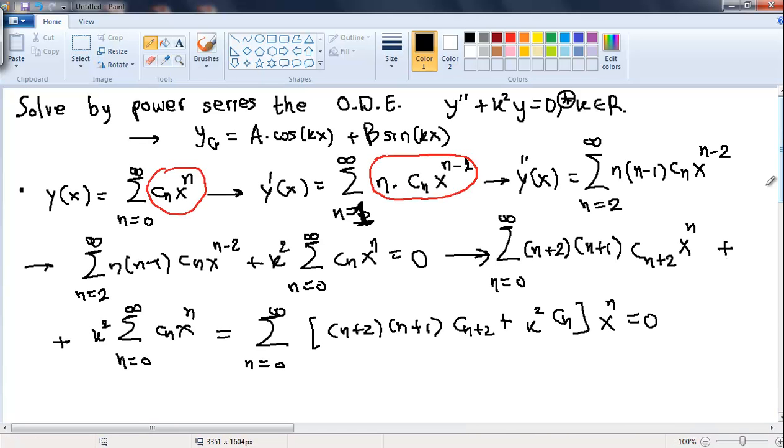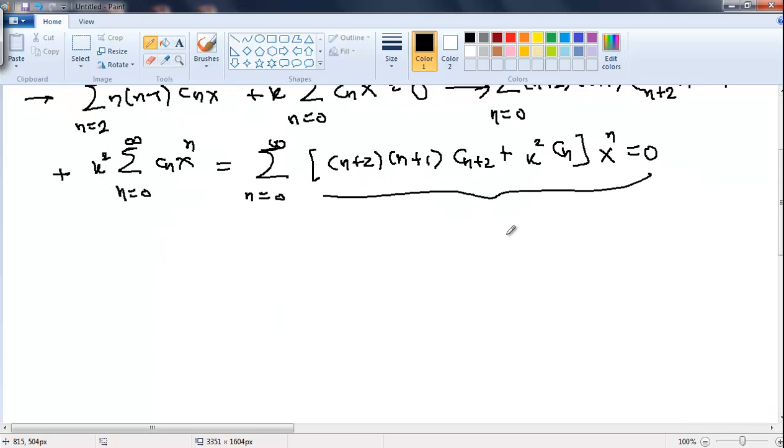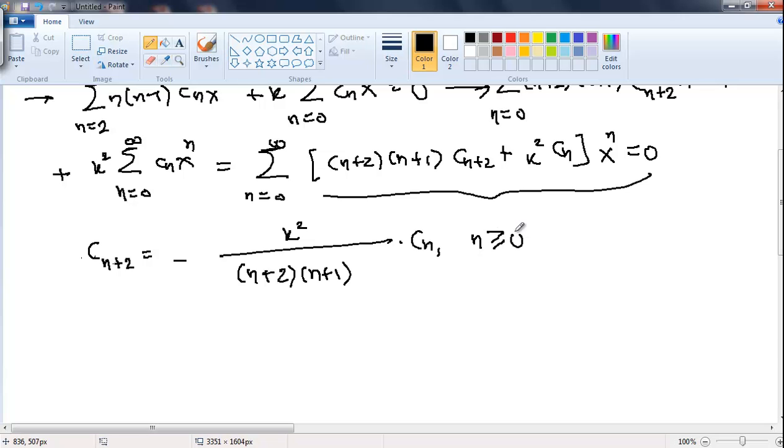Now since all this expression is 0 and this power series is 0, this expression must be 0, and from here we get c_(n+2) = -k² / ((n+2)(n+1)) times c_n, for each n greater than or equal to 0.